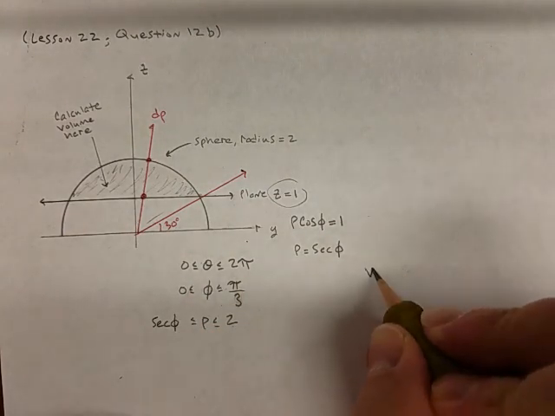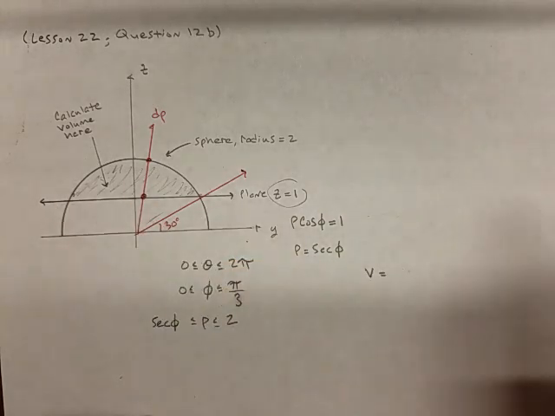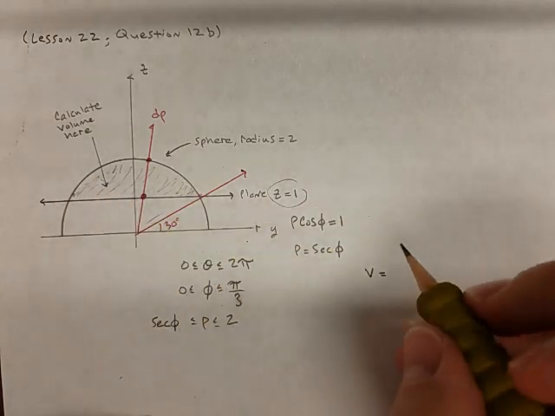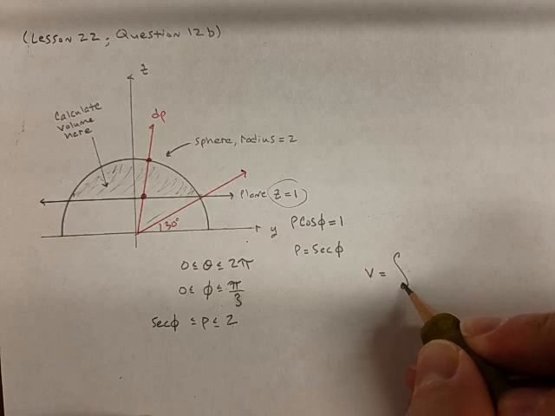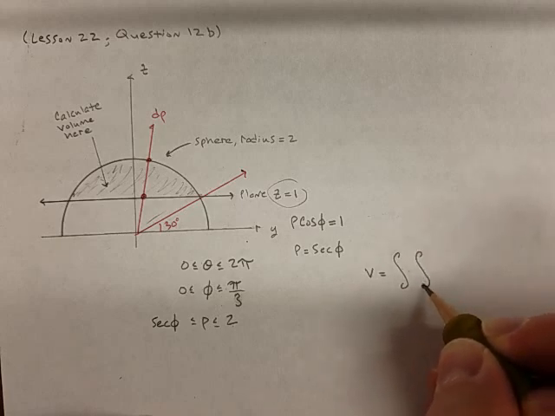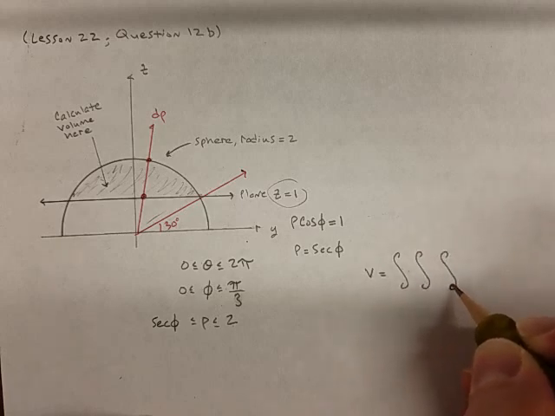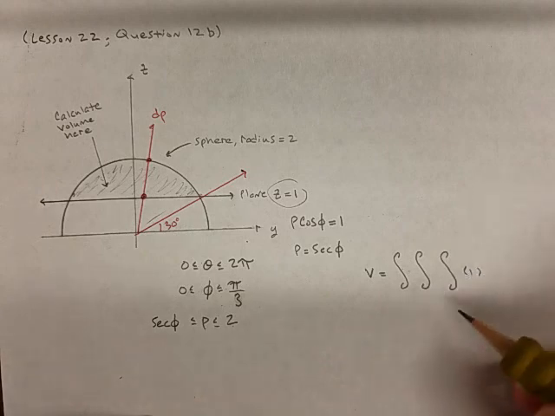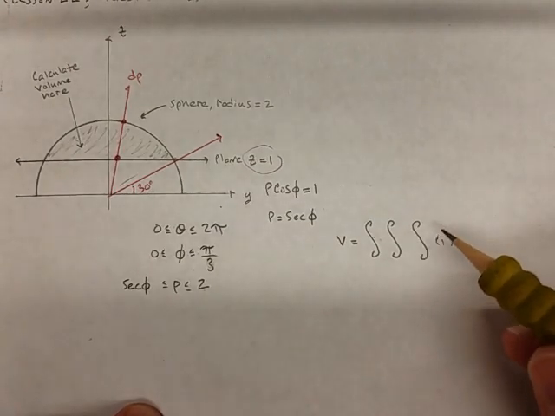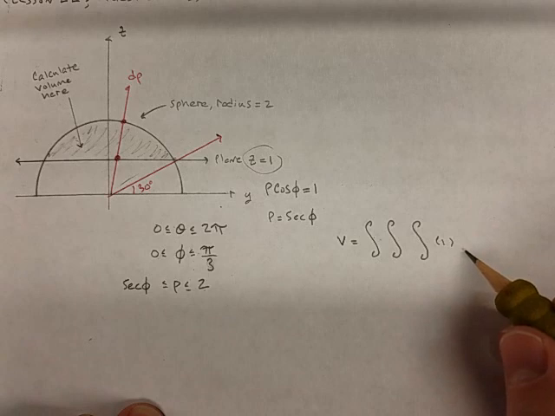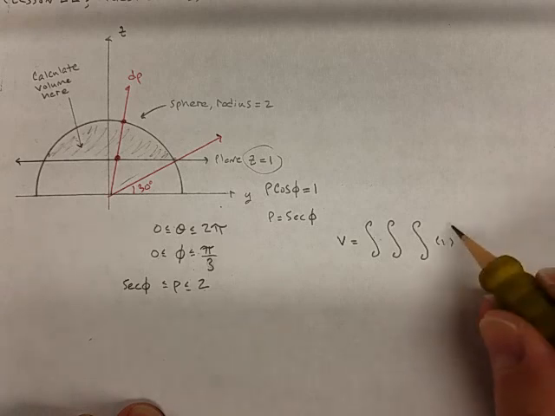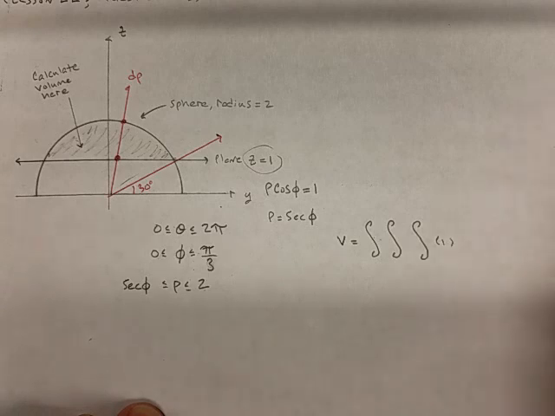So say I set something up for the volume of that space that I've already drawn. In spherical coordinates, I have a triple integral. And if I want a triple integral to measure the volume of something, that needs to be a 1. And this is the volume differential for whatever coordinates you're using.